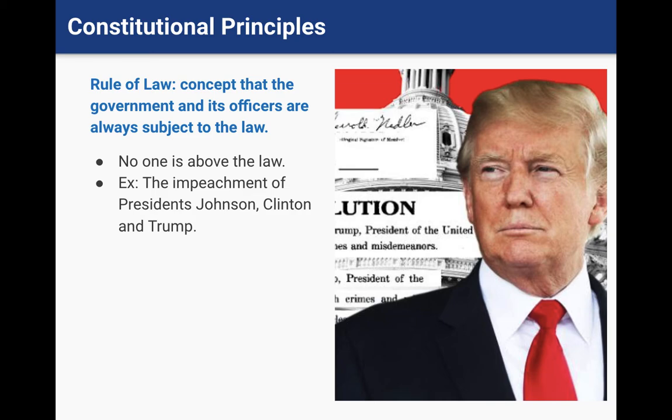Okay, so that's an example of that, and also impeachment itself, impeachment of federal officials, not just the president, but of any federal official, is a process that helps our government to maintain the rule of law, that everybody has to obey the law. Okay? And we've had 3 presidents who've been impeached here so far. Johnson, that's Johnson after Lincoln is assassinated, Clinton, and then Trump was impeached twice.